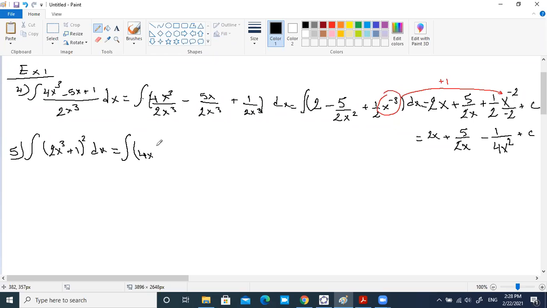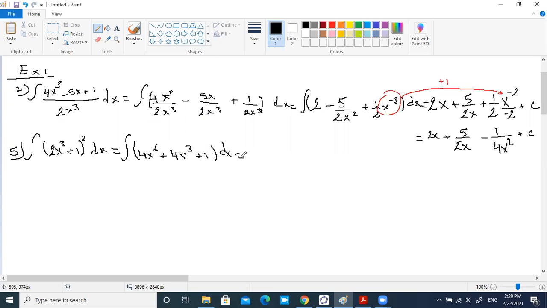We expand to get 2 times 2 times x to the power 3, which is 4x to the power 6, plus 1, dx.